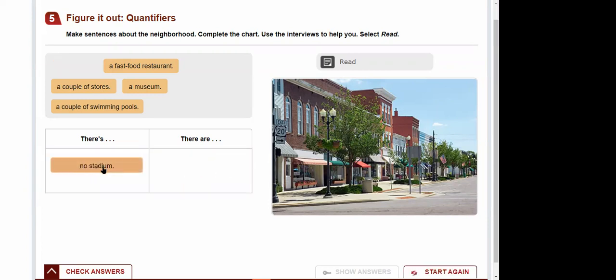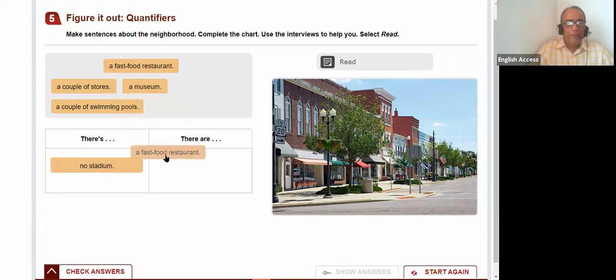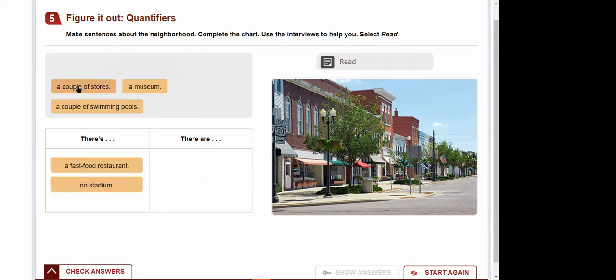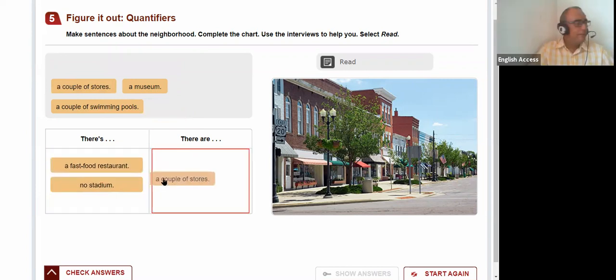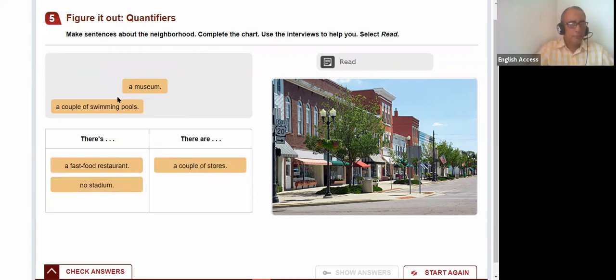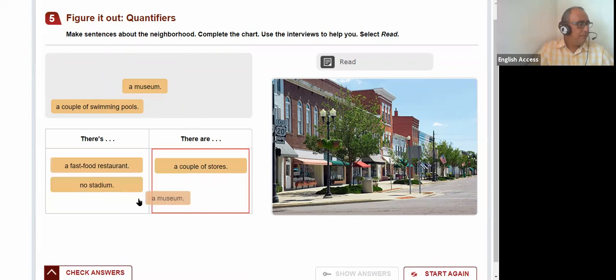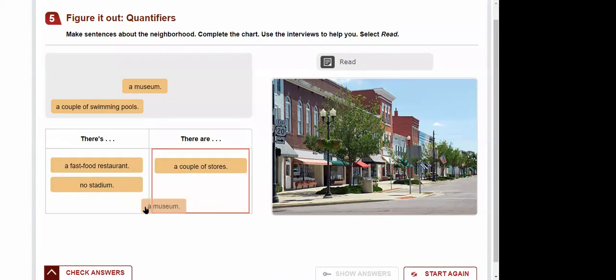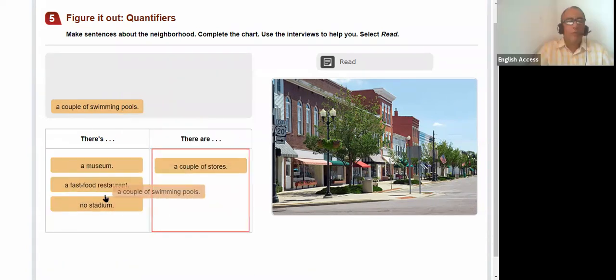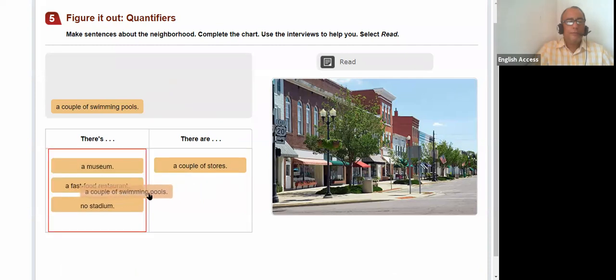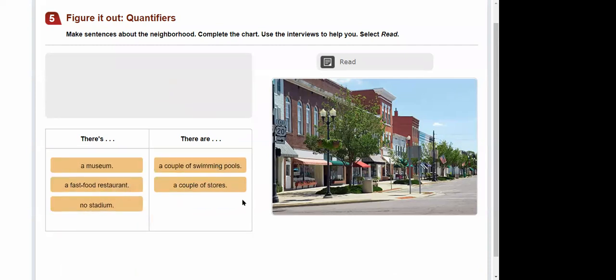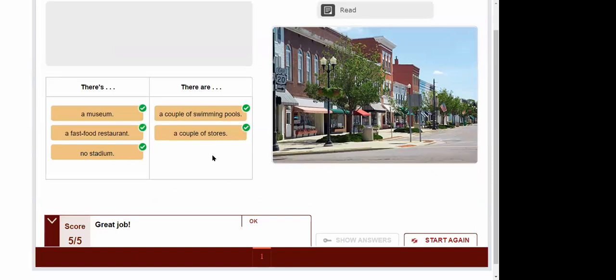There is. There's no stadium. A fast food restaurant. There is. A couple of stores. There are. A museum. There's. Exactly. A couple of swimming pools. There are. Very good.